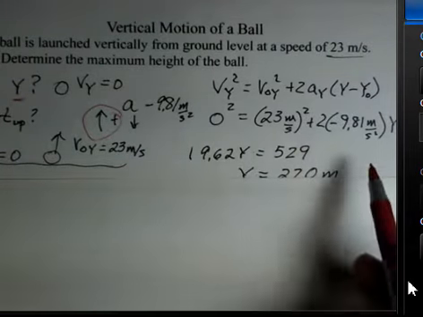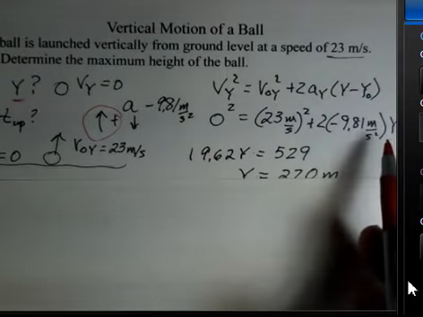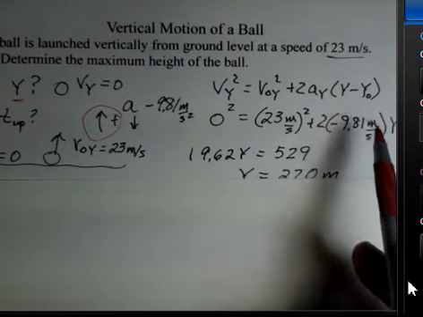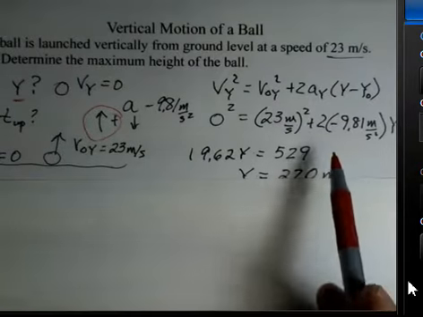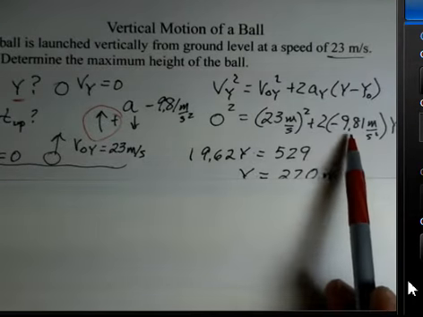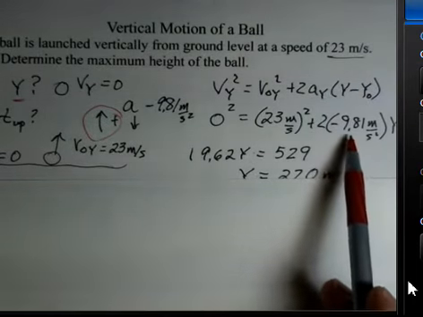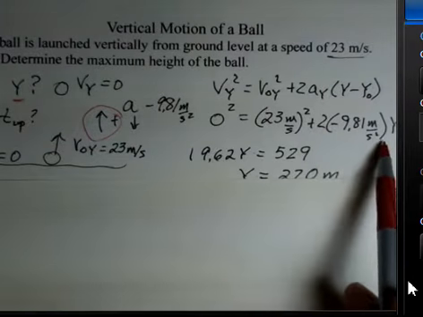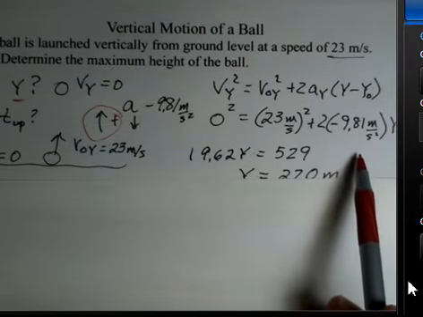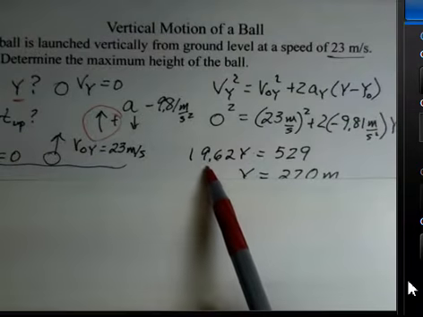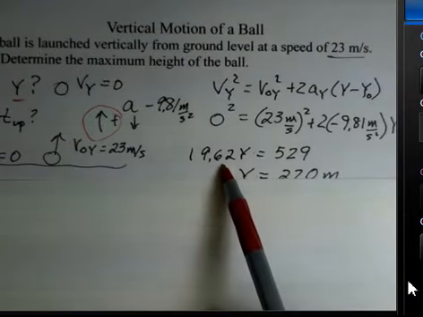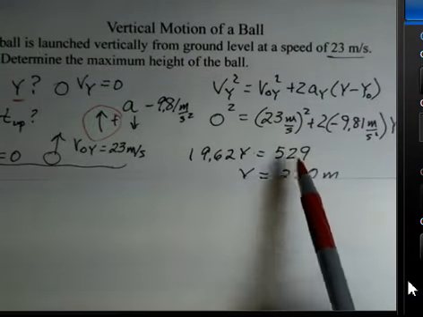And then the y is unknown on the right side. y naught is 0, so that is dropped off. If we multiply 2 times minus 9.81, and now we add this term to both sides, it'll add 0 on the right. It'll give us 19.62y on the left side. 23 squared is 529.